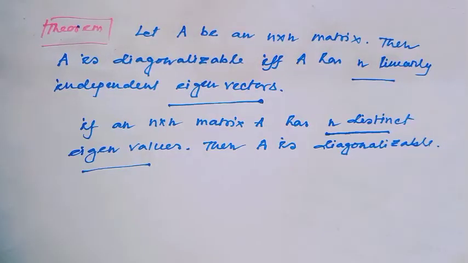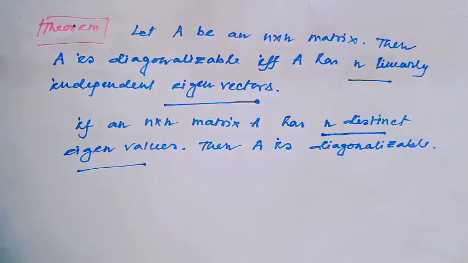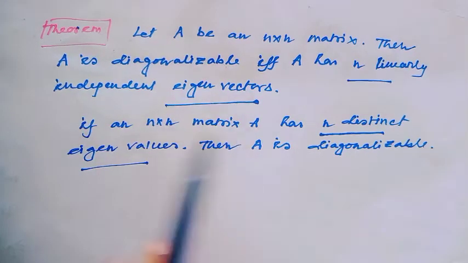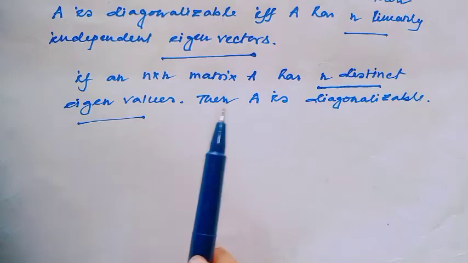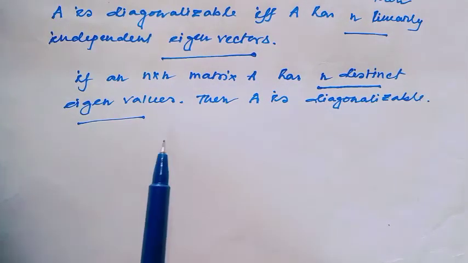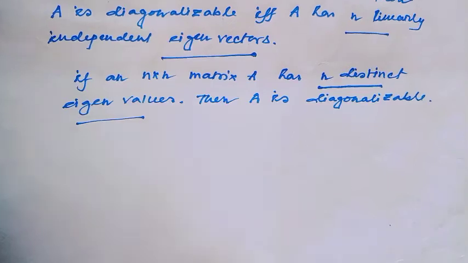So, to find whether a matrix is diagonalizable or not, consider A an n cross n matrix. Then A is diagonalizable if A has n linearly independent eigenvectors, or if an n cross n matrix A has n distinct eigenvalues, then A is diagonalizable.